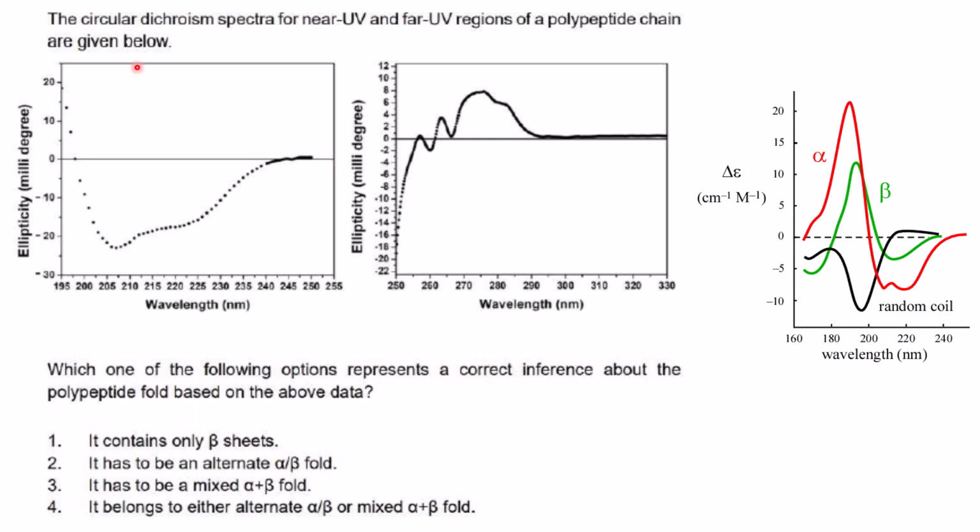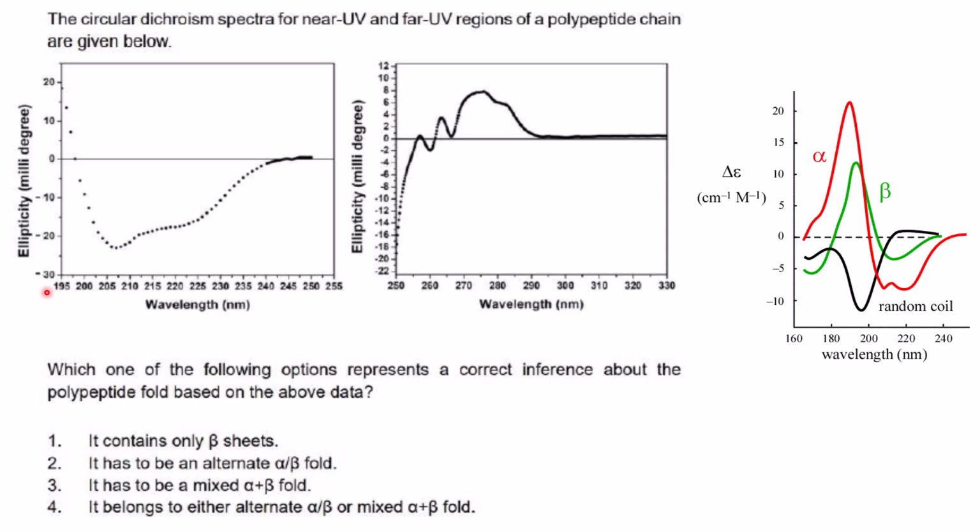Now see the question. The circular dichroism spectra for near UV and far UV regions of a polypeptide chain are given below. So this is the case of the secondary structure of proteins.